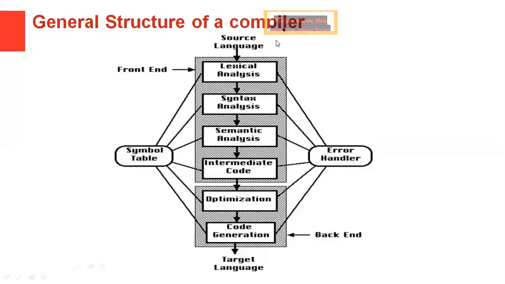The preprocessor converts the high level program into a pure high level language program. So what is the role of a preprocessor? Any comment line statements present in a program can be removed by the preprocessor. Any spaces present in a program can also be removed.